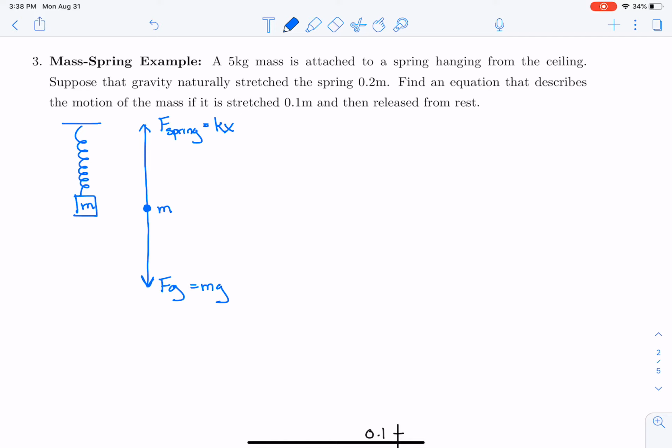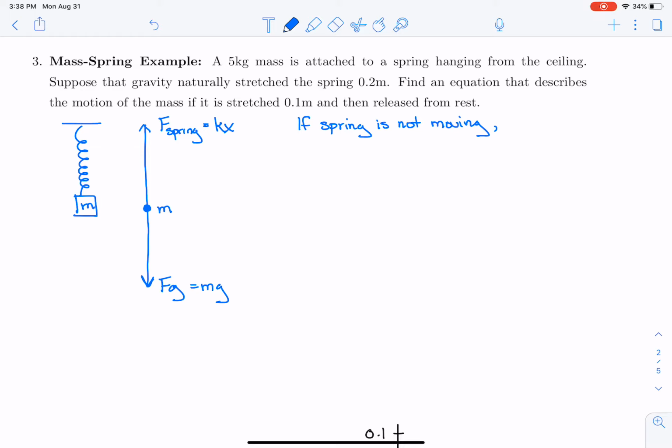So if the spring is not moving, we have that these forces are evening each other out. They're balancing each other.